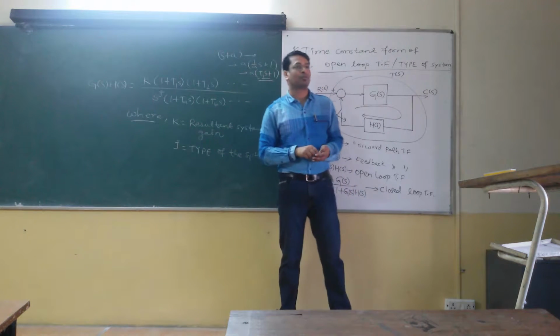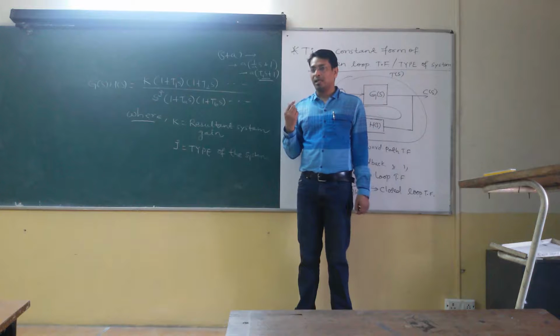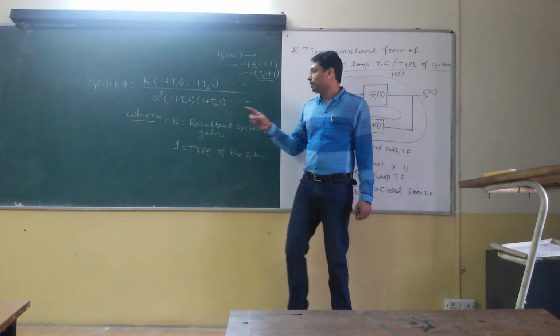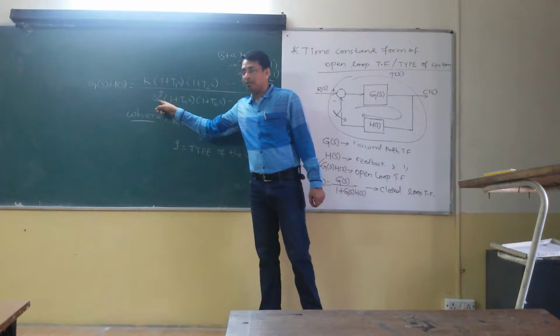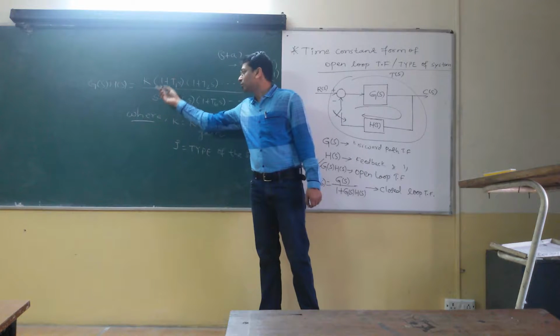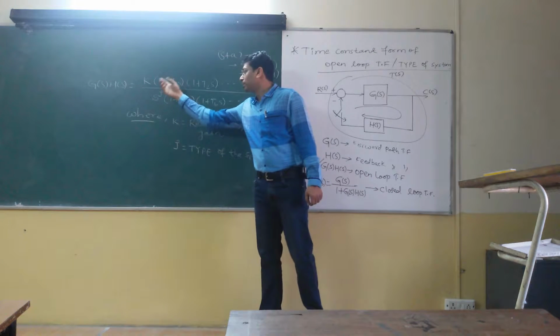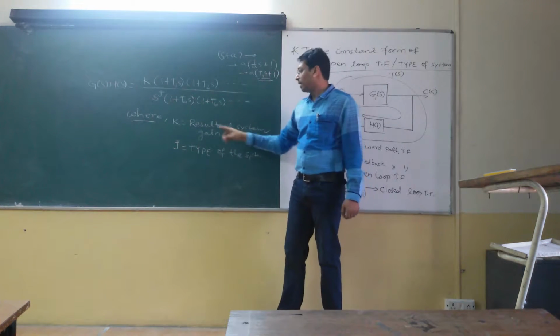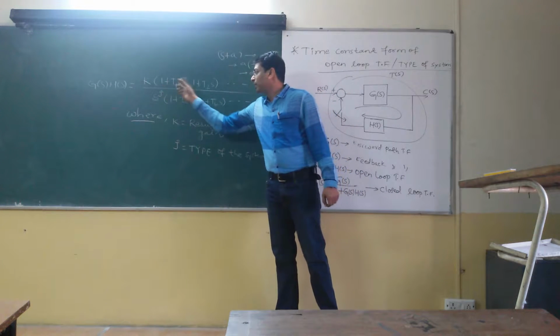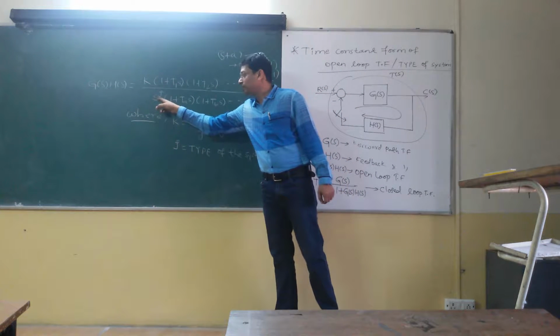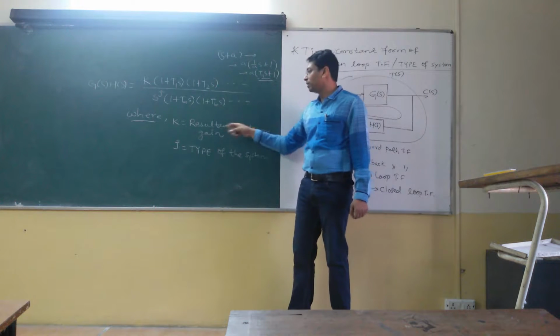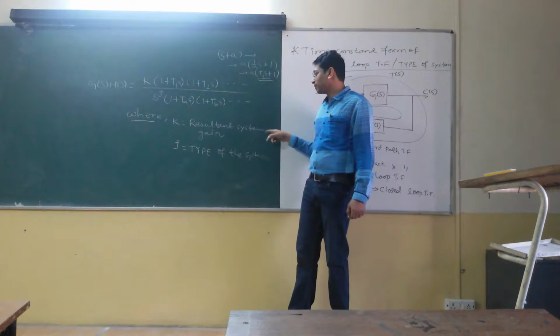And from this time constant form, another important conclusion can be drawn. You can arrange this equation as K multiplied by these terms, divided by s to the power j multiplied by these terms, where K is the resultant system gain.